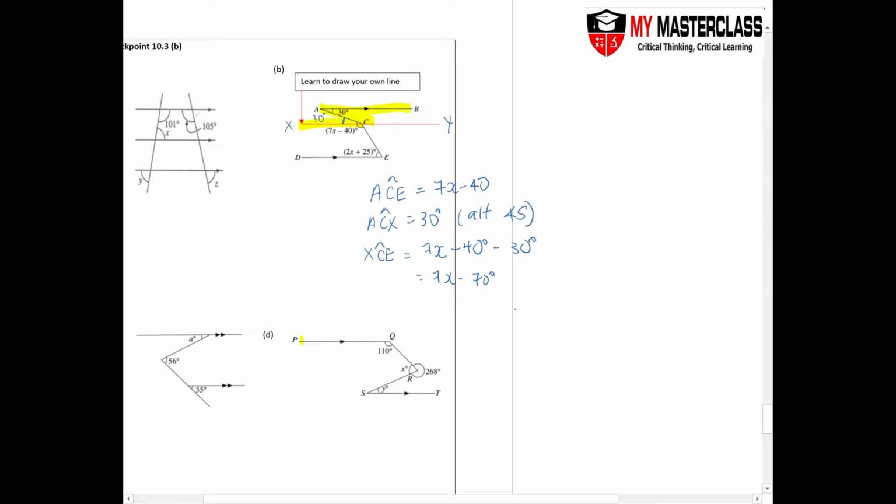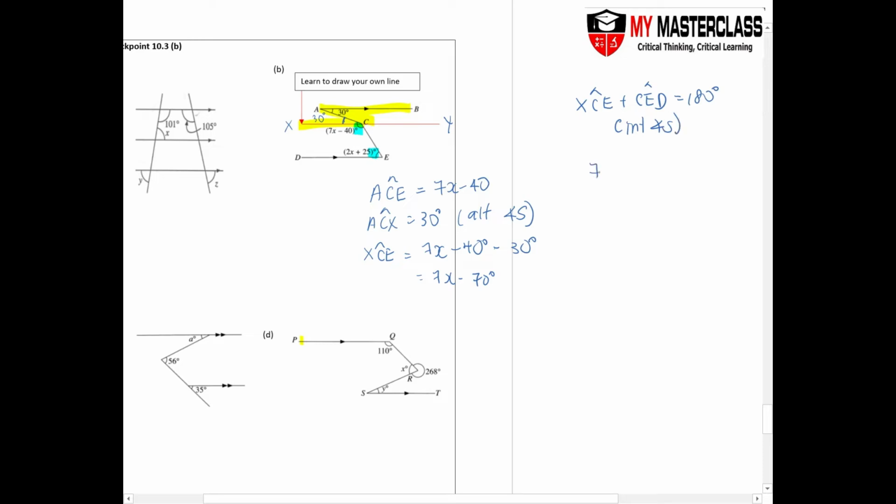Once you are done, I will see these two angles. Let me draw it here, this angle and this angle. What are they? They are your interior angles. So I have XCE plus CED giving me 180 because they are interior angles.